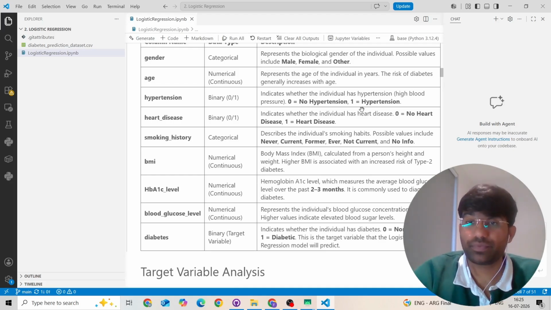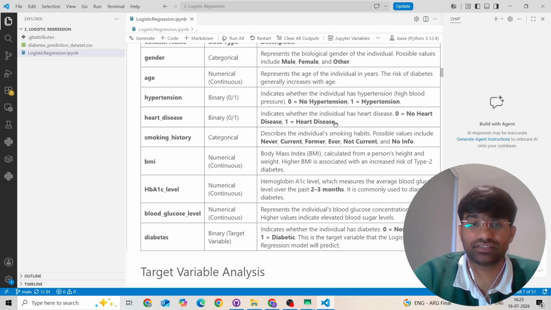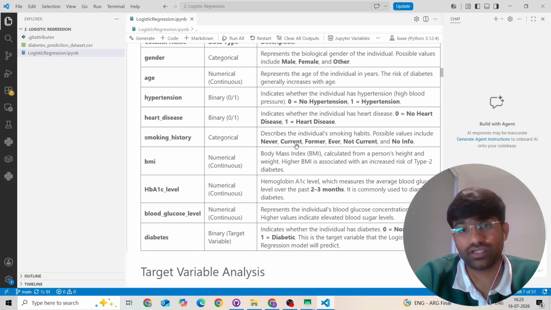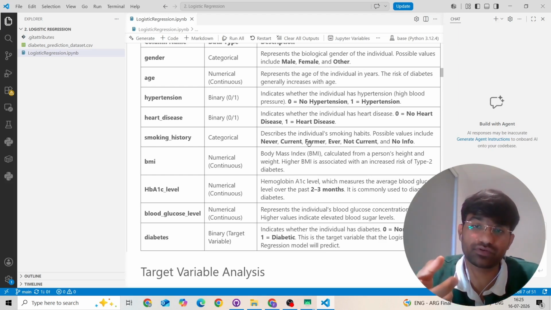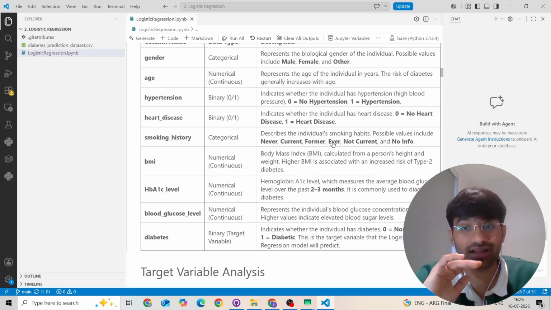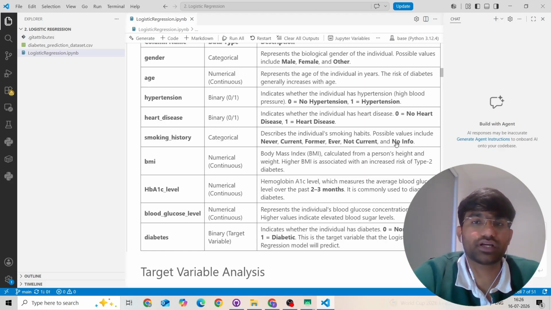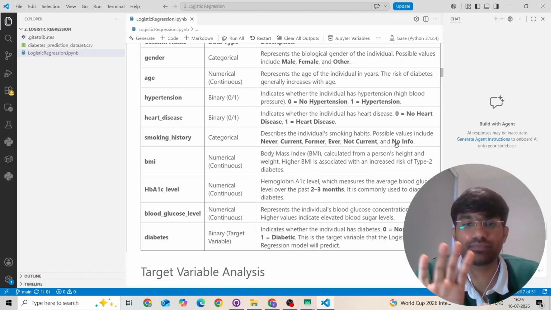And 1 means the patient has hypertension. For heart disease, 0 means no heart disease, and 1 means the patient is detected with heart disease. Smoking history: never means the customer never smoked. Current means he is currently smoking. Former means he used to smoke but now has stopped. Ever means the customer is a regular smoker. Not current means he has recently stopped. And no info means the customer's smoking status has not been provided.